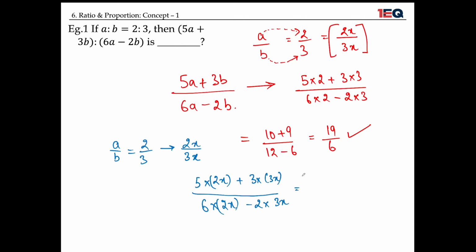Okay. So once I solve it, I would get the value as 19x upon 6x, and the x would also get cancelled off. So the final answer would come out to be 19 upon 6. I hope you understand how I solved the question with the help of x as well. Okay, moving on.